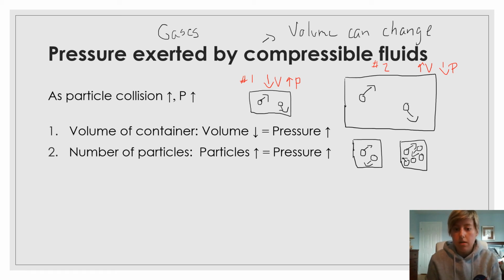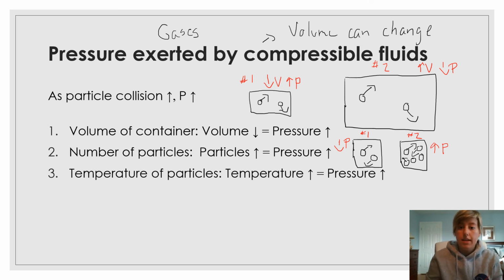So the more particles that I have, the more pressure, the less particles I have, less pressure. So if I'm looking at these 2 boxes, box 1 has a lower amount of pressure compared to box 2, which has a high amount of pressure.